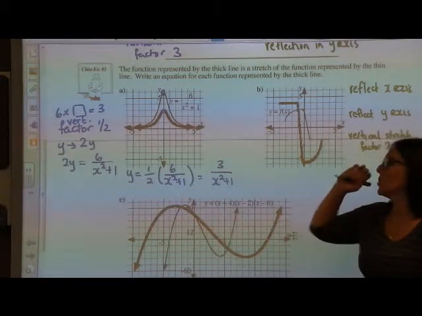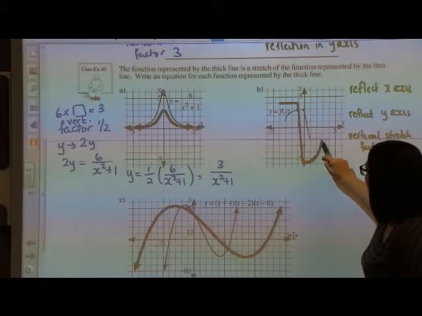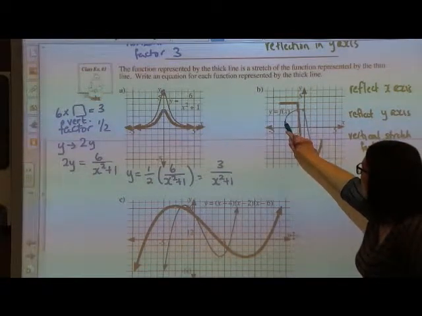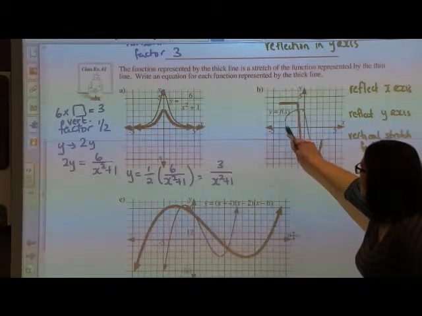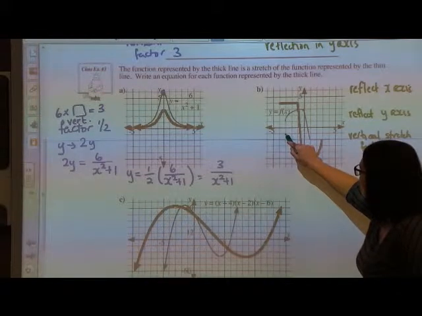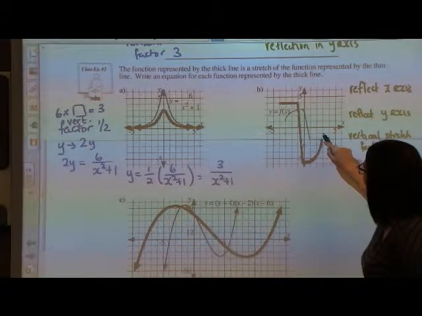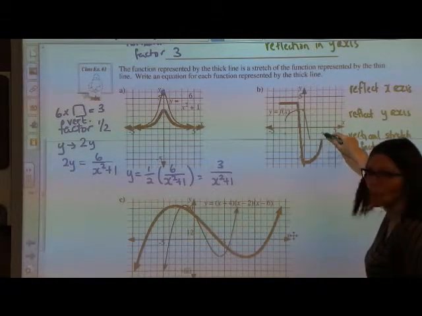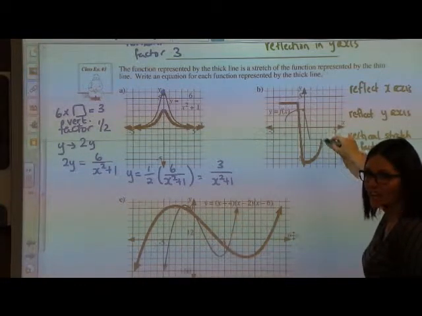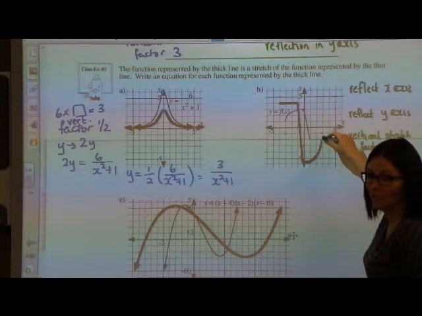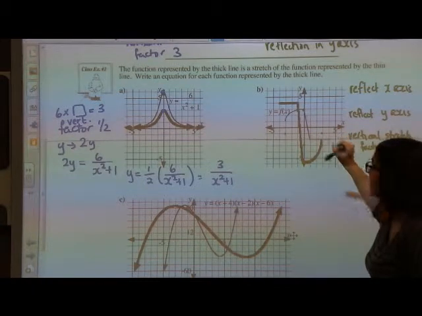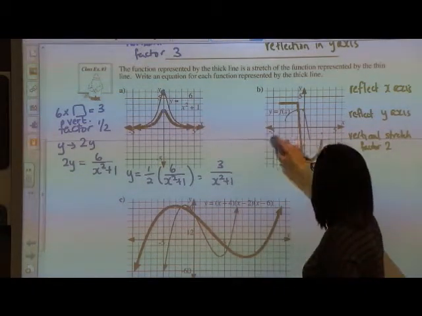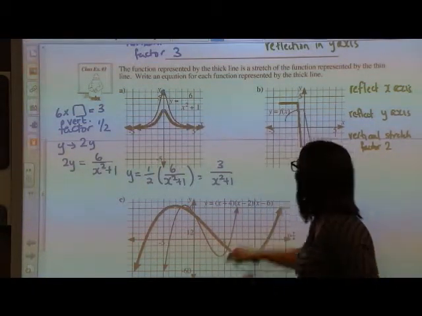The reason why it's vertical and not horizontal is if I take this point right here, if I move it to here, and then I move it to here, it actually matched up. So that x value matched up. It can't be a horizontal because my x values are still matching when I undergo the transformation.